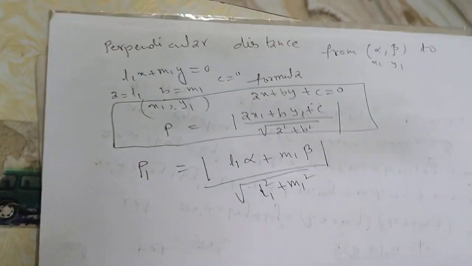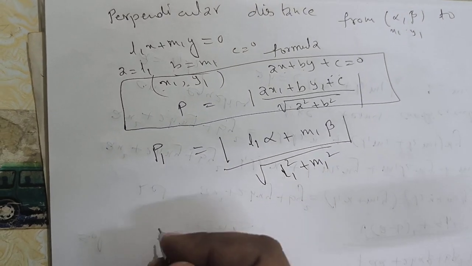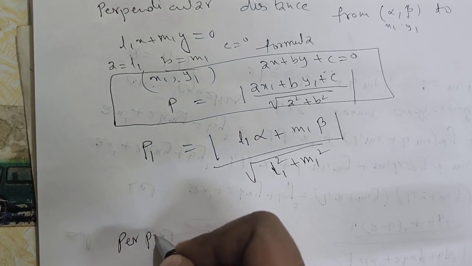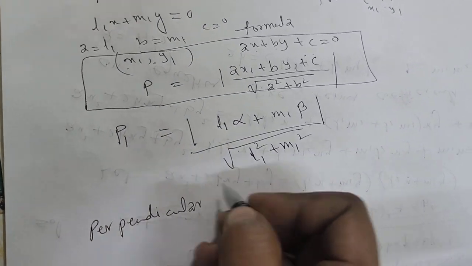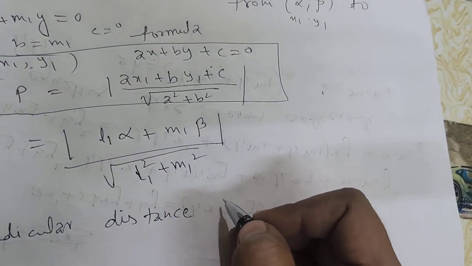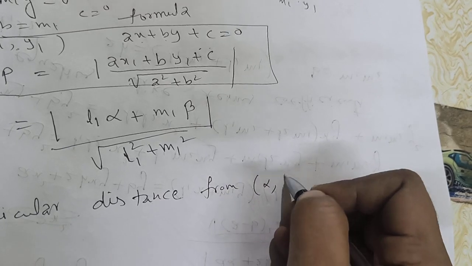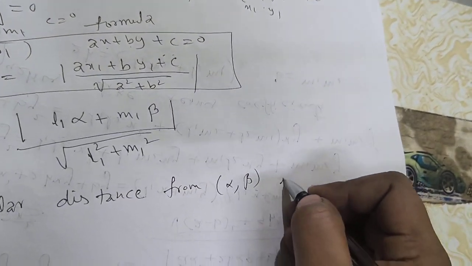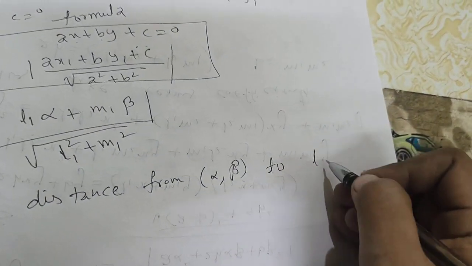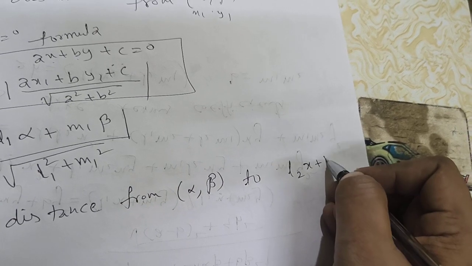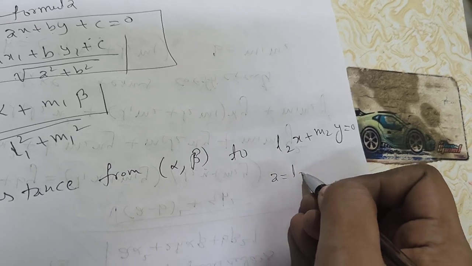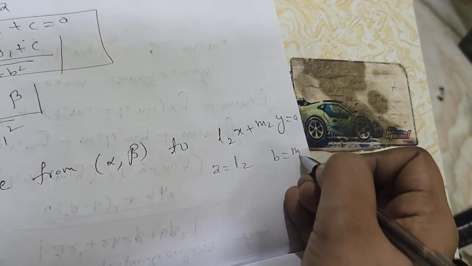Similarly, second perpendicular we have to find, perpendicular P2. Perpendicular distance from the point alpha beta to the second line L2x plus M2y is equal to 0. Means here our A is equal to L2, B is equal to M2.